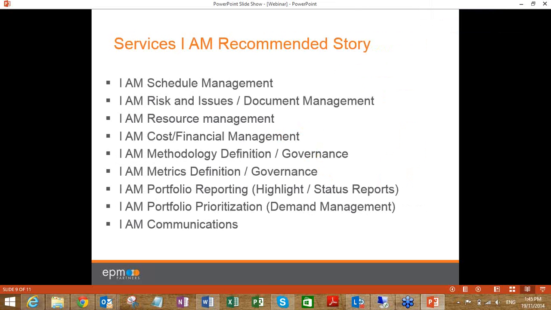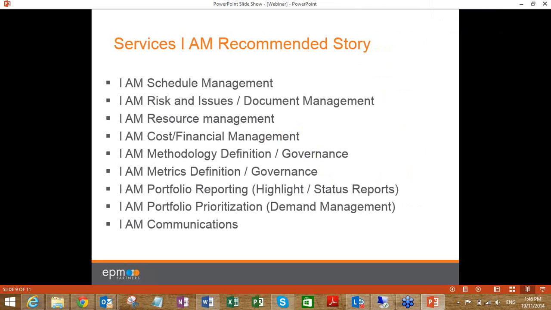The last one that I would like to share with you is the slide of what we call the recommended story within an IAM service. So how do you introduce the service? What is the sequence of services through a PPM tool that we recommend? And it is, as you can see on the screen, start with IAM schedule management, and it's key.